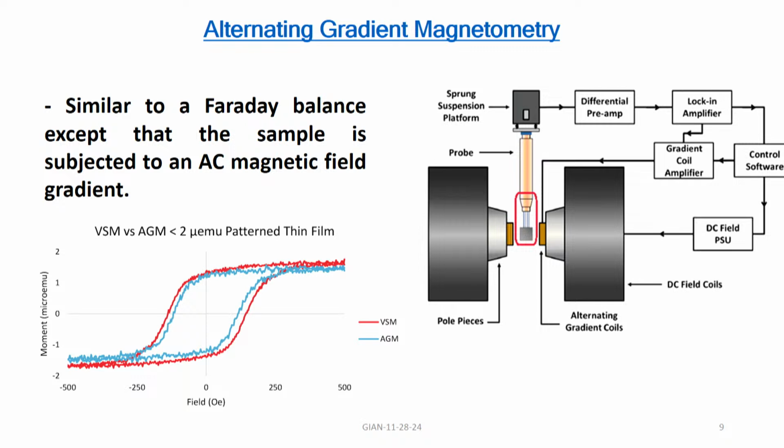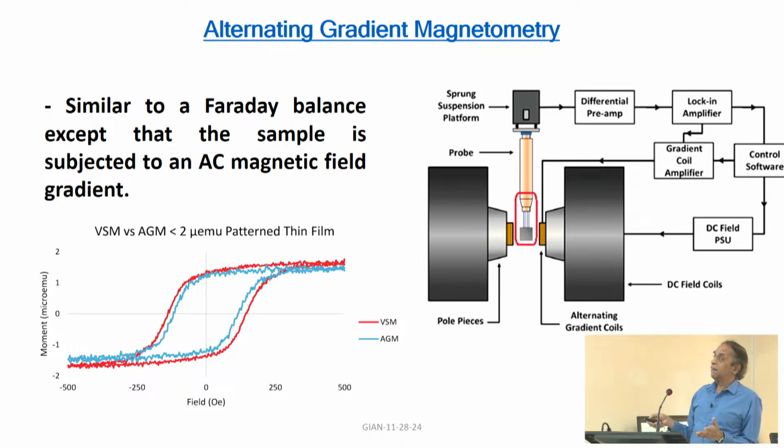So, this one would make it easy for detection of the magnetic moment, and so it is a little bit more sensitive than the Faraday balance. But other than that, the only difference between the two is one is a DC magnetic field gradient, the other is AC.